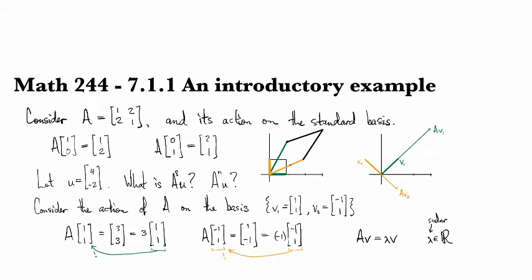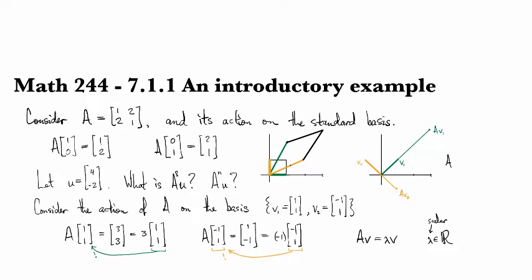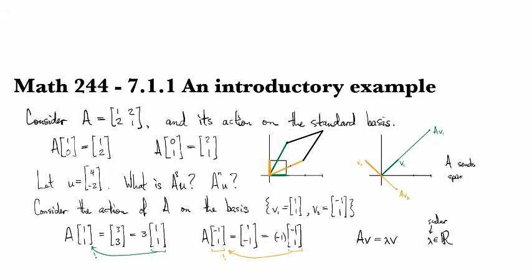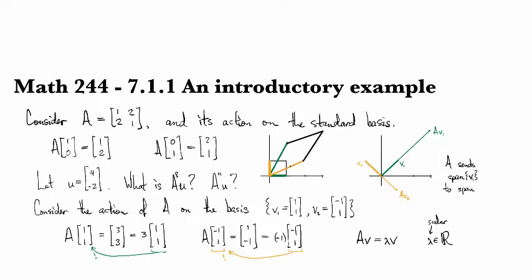Okay. So maybe a better way to phrase this is that multiplication by A sends the span of V1 to the span of V1.